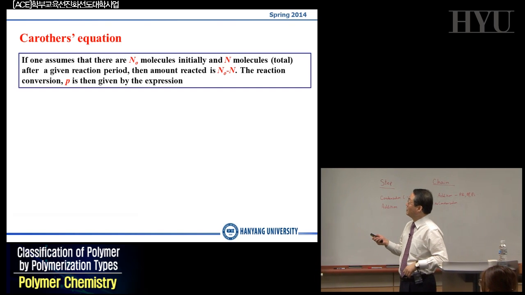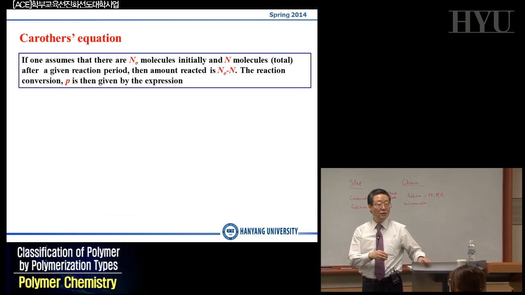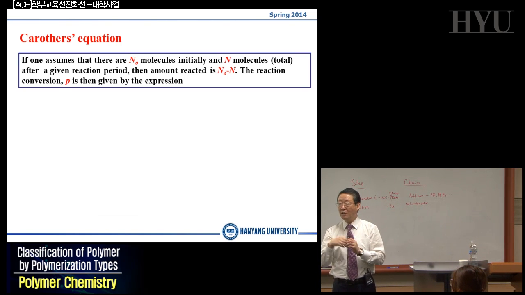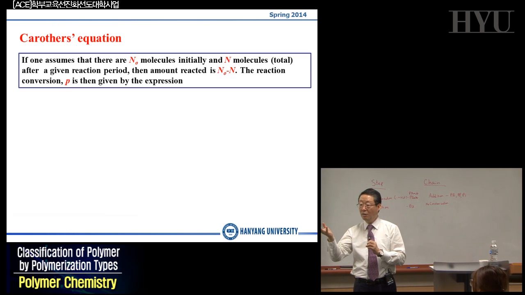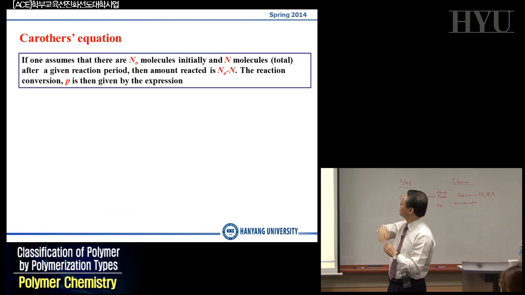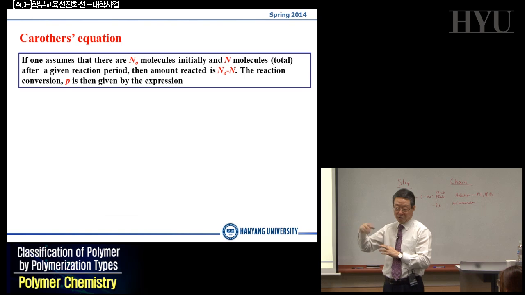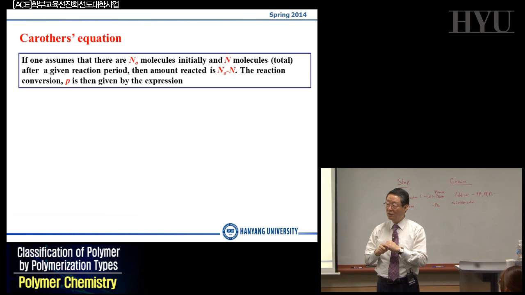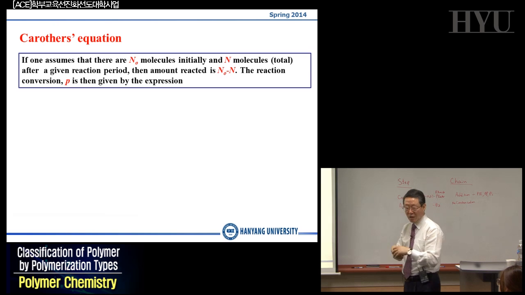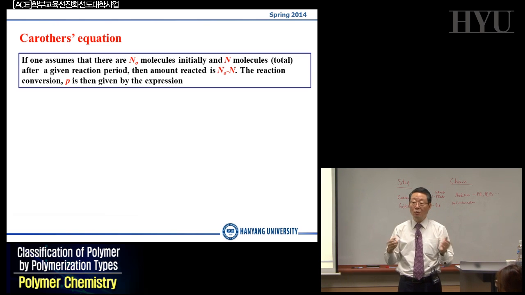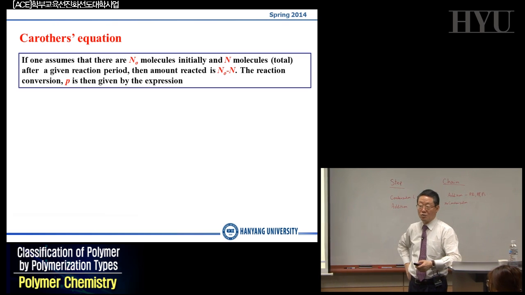And let's say N0 minus N. The initial number of 25 minus N, which was 13 total molecules, gives how many molecules were consumed or reacted, right? N0 minus N is the number of molecules that were consumed during the reaction.